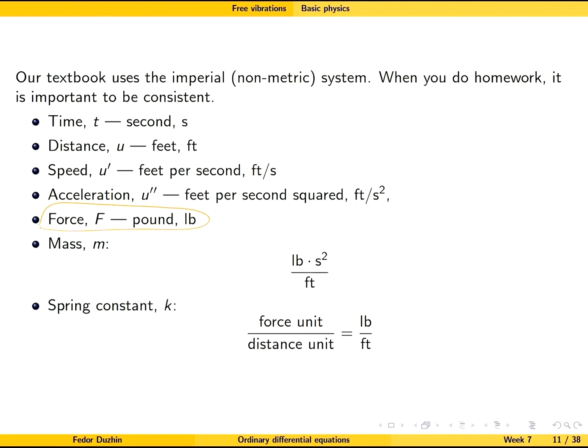So the mass in the imperial system is measured in strange units, pounds times seconds squared over feet. So please, when you solve questions from the textbook, be aware that force is measured in pounds rather than mass. In the metric system, mass is measured in kilograms, and force is measured in pounds.